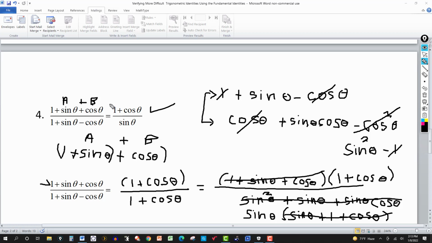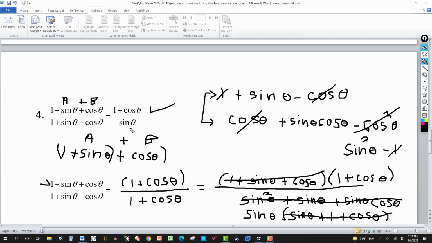In the numerator, you have A plus B times A plus B, that would be A squared plus 2AB plus B squared. Again, where the A is 1 plus sine theta and the B is cosine theta. He's applying those formulas from basic algebra. And it gets a little bit messy, but when you combine your terms and reduce the left side, he got 1 plus cosine theta over sine theta.